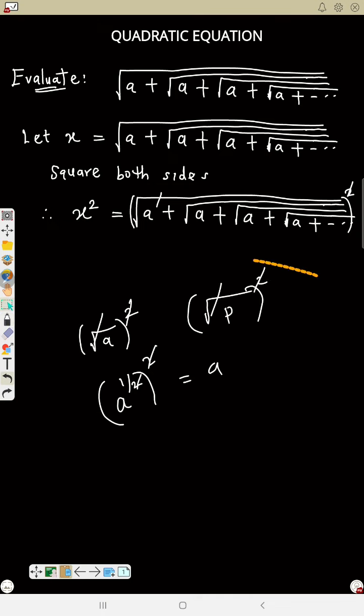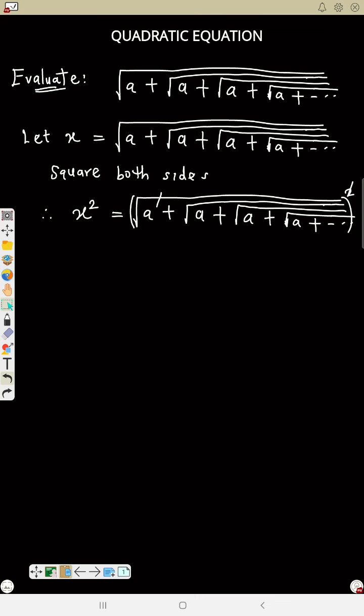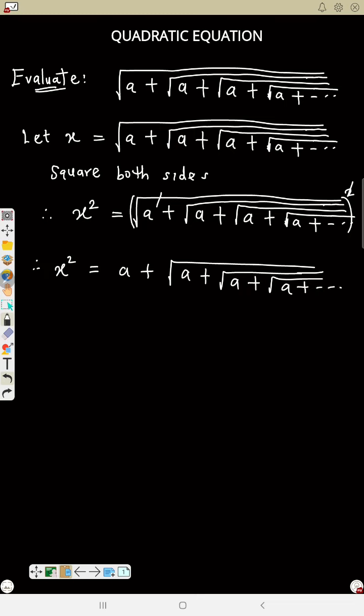So we'll now have x squared equals a plus square root of a plus square root of a plus square root of a plus, continuing. After we square both sides, it will remain this.